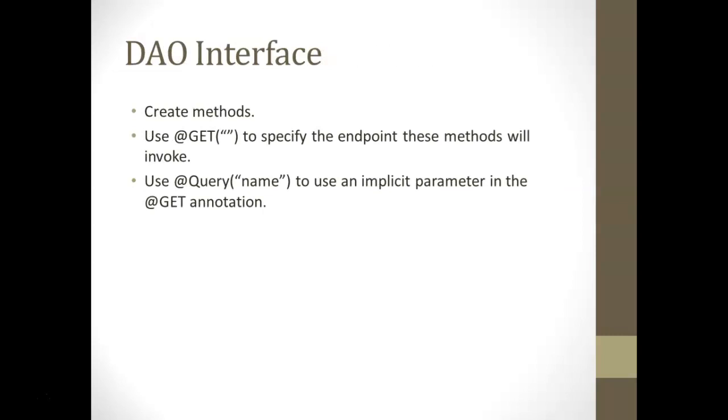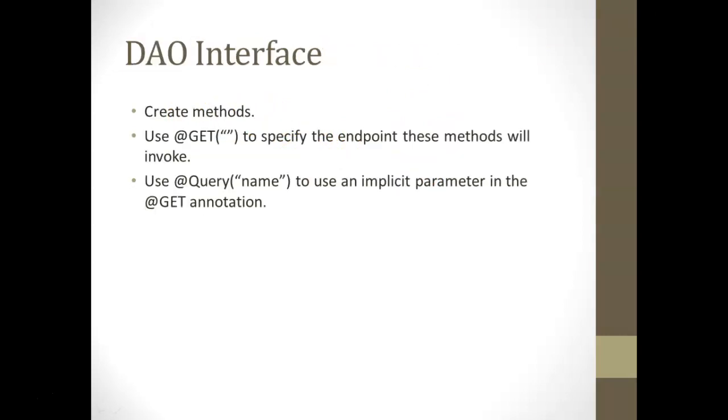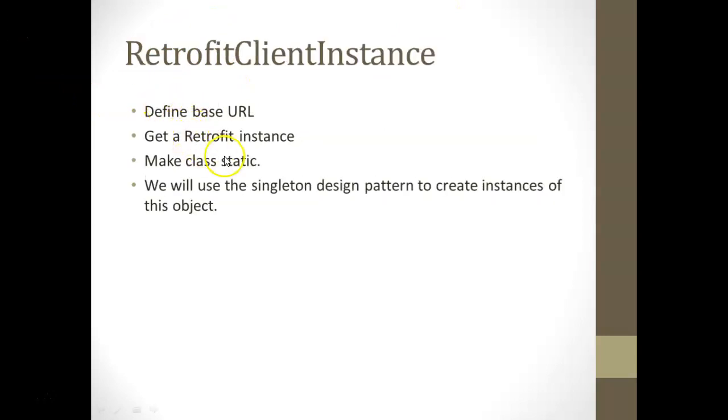DAO interface, this is one that I think is really neat because this is the one where you're just defining that method. We use the @get annotation to define the endpoint. Now the endpoint is relative to this base URL that we defined on the Retrofit client instance. So those two together should make a total URL. You shouldn't have any duplications between the two. In other words, the endpoint should not start with http://, where a lot of times the base URL will start with http://.